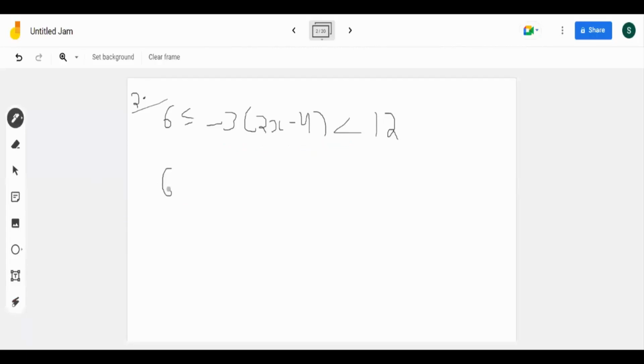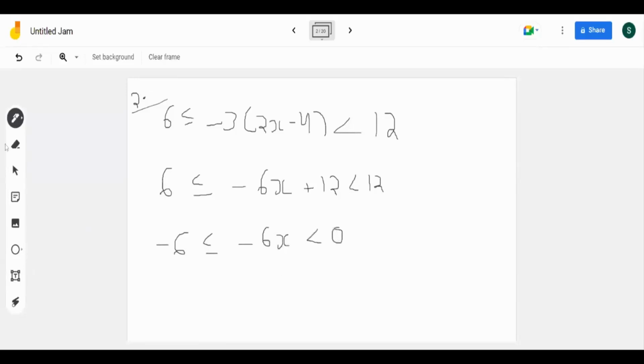On simplifying, we get 6 is less than or equal to minus 6x plus 12, less than or equal to 12. Now again the same procedure: subtract 12 on both sides to get 6 minus 12 is minus 6, less than or equal to minus 6x, less than or equal to 0.